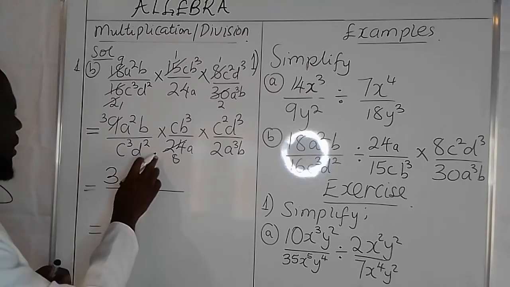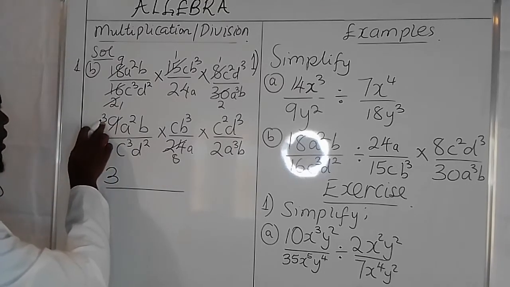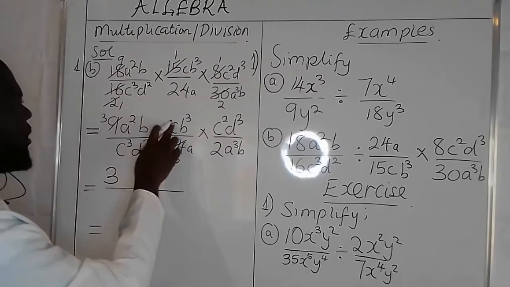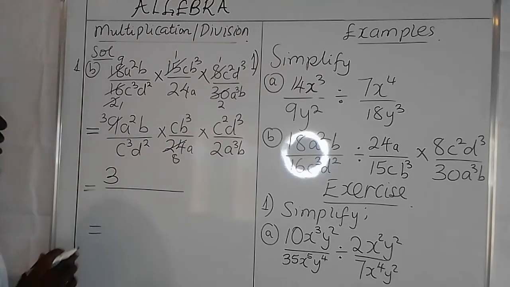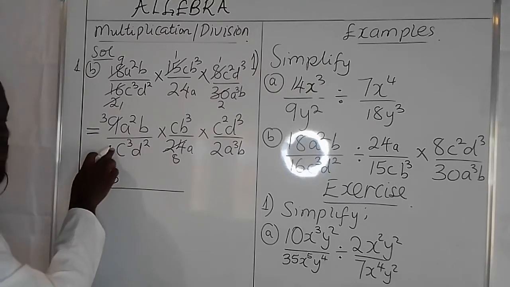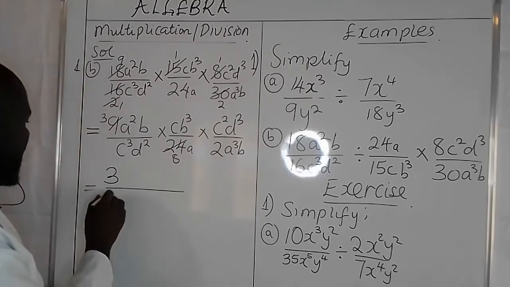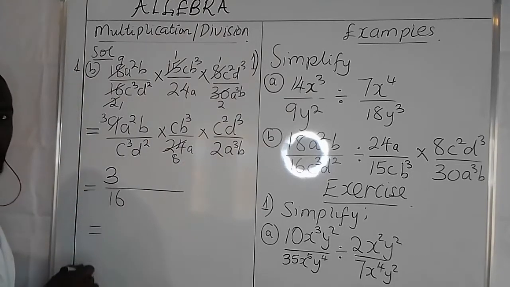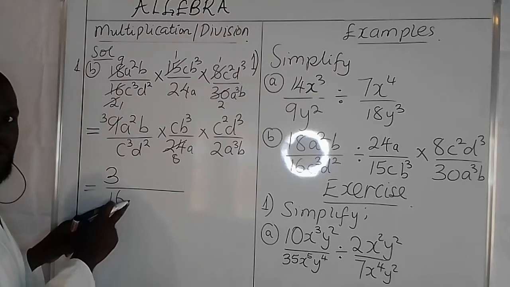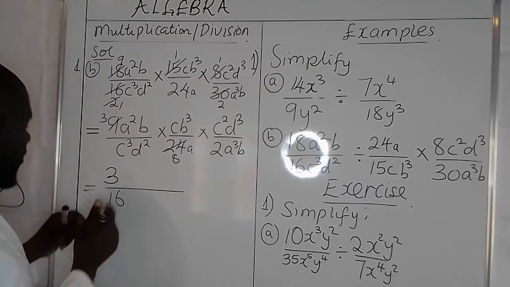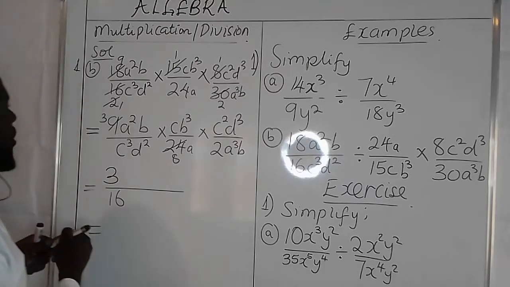On the denominator, we have 3 here. Here we have 1 and here we have 1. So we say 3 times 1 times 1, so we get 3. Here we have 1 as the coefficient, so 1 times 8 times 2, we shall get 16. So our denominator will have the coefficient 16 and our numerator will have the coefficient 3. Okay, so now let's multiply the variables.